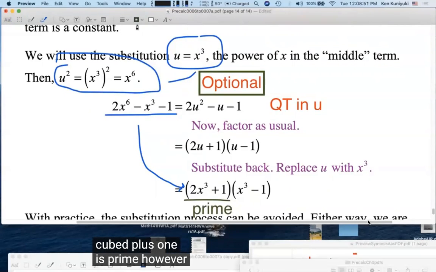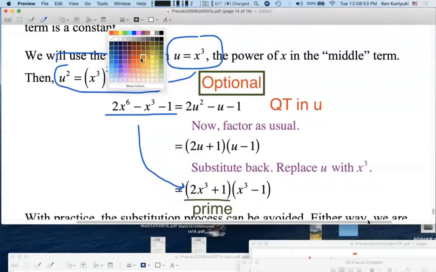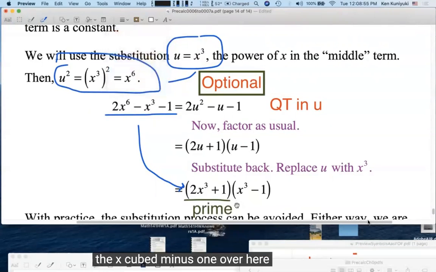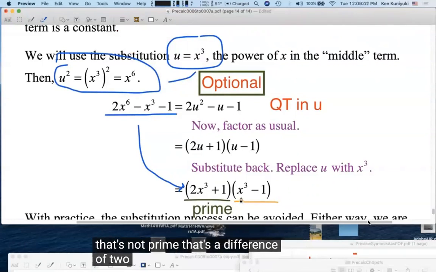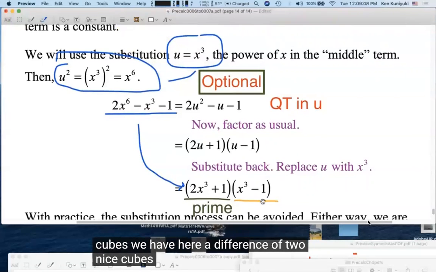However, the x cubed minus 1 over here, that's not prime. That's a difference of 2 nice cubes. We have a rule for factoring a difference of 2 nice cubes.